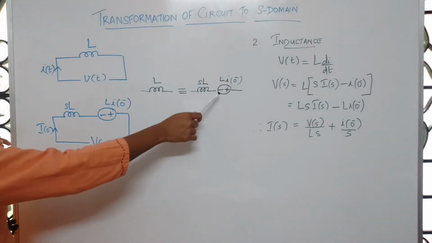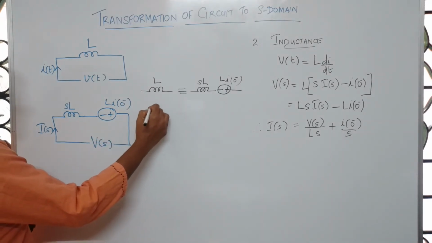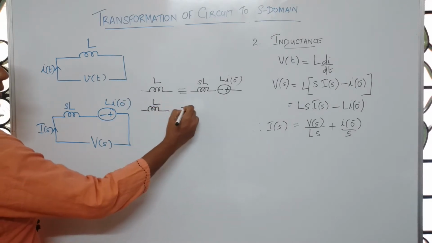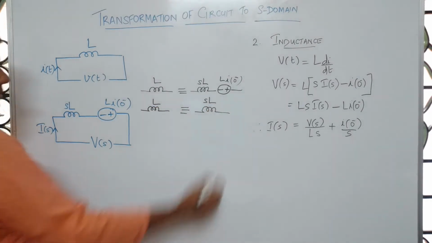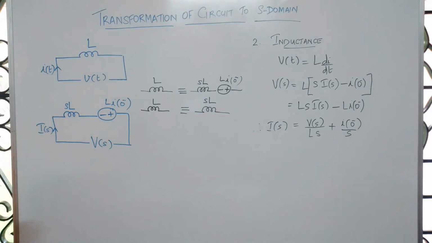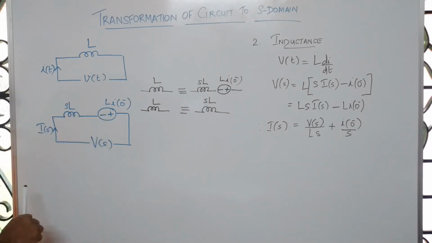If the initial condition is absent, if there is no initial current flowing through it, then this inductor in time domain is equivalent to just SL. Now this is an inductor in series with a voltage source.